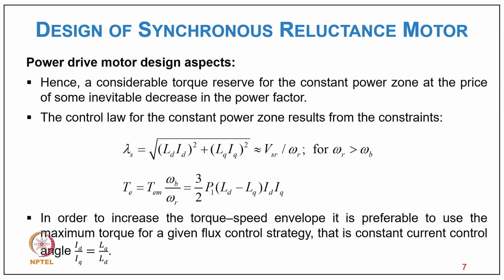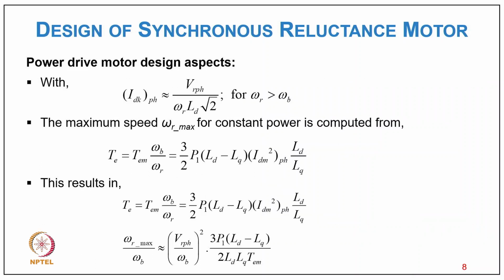In order to increase the torque speed envelope, it is preferable to use the maximum torque for a given flux control stage, that is constant current control angle, ID upon IQ equal to under root LD upon LQ, or LQ upon LD.